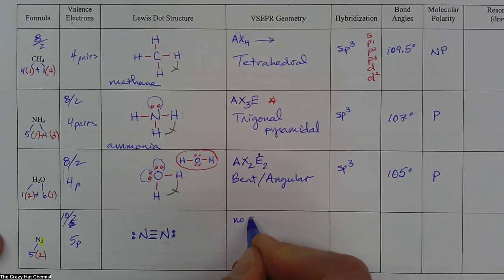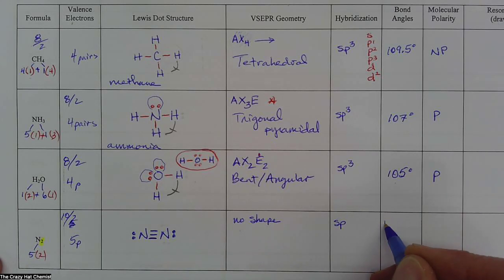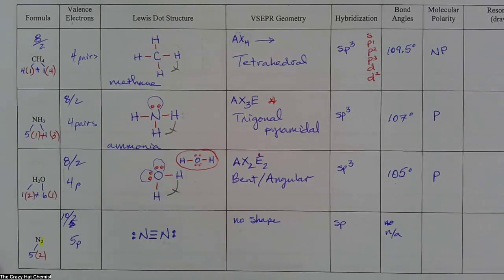So we're going to say no shape. Some people might say that it's linear, and they are not necessarily incorrect either, but that's not under the highlights of this category. But it does have hybridization. That's sp. It's sp hybridized. Since it has no shape, it would have no bond angle. So this is N/A, if you will.